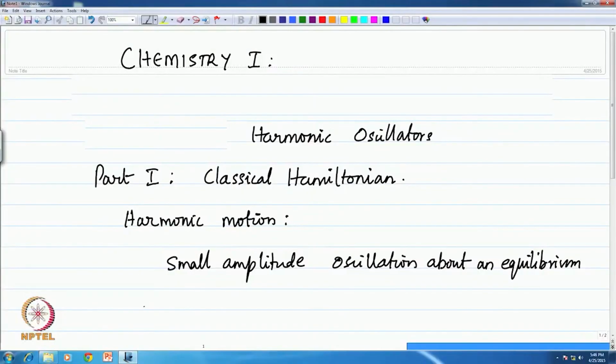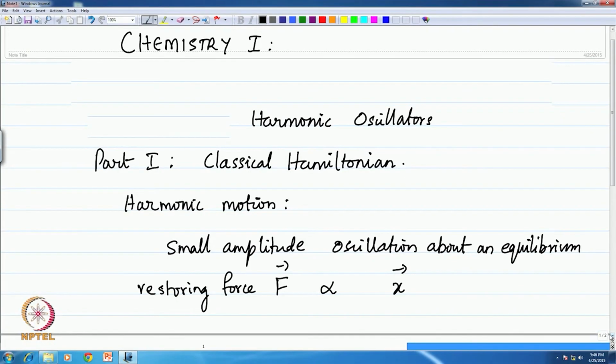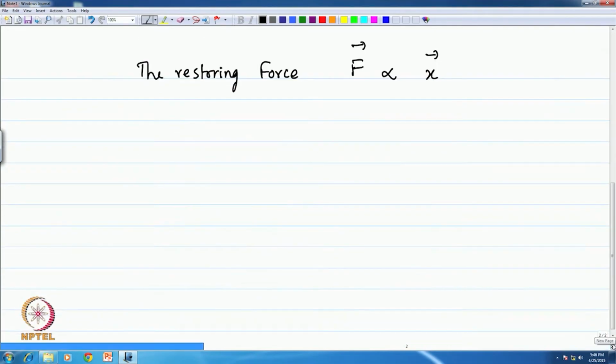Now the restoring force F, if you write that, is proportional to the displacement vector from the equilibrium, and the proportionality constant is a constant, and since it is in the opposite direction it is minus kx.